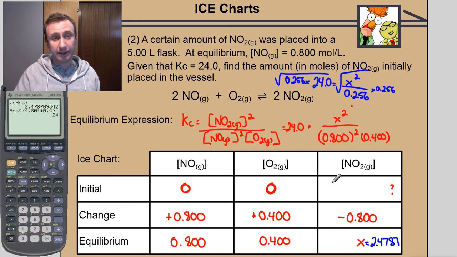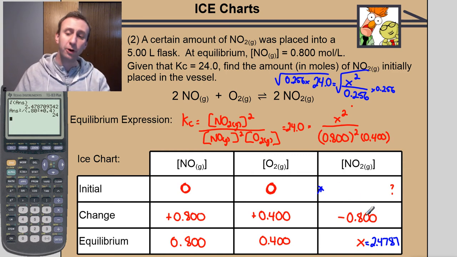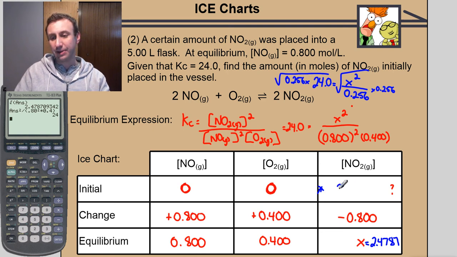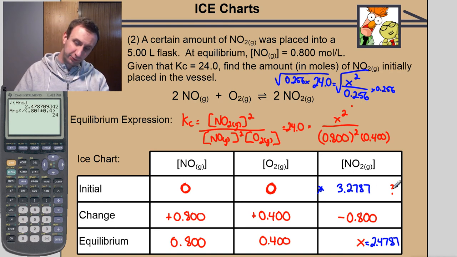Now I need to find my initial concentration. So this is after 0.800 was subtracted from it. If I want to find this value, I have to add 0.800. So that means it's going to get me 3.2787 for the initial concentration.